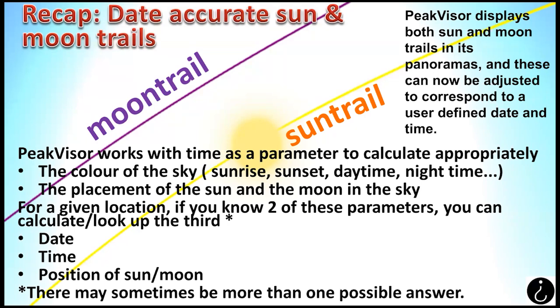And it's one of those situations where if you have all but one of those, you can calculate the other. So if you know everything except where you are, you can geolocate yourself from that information.